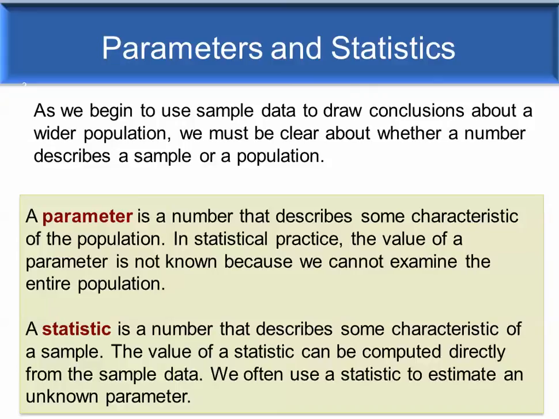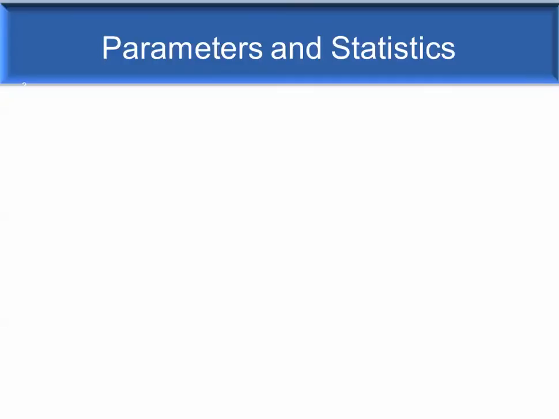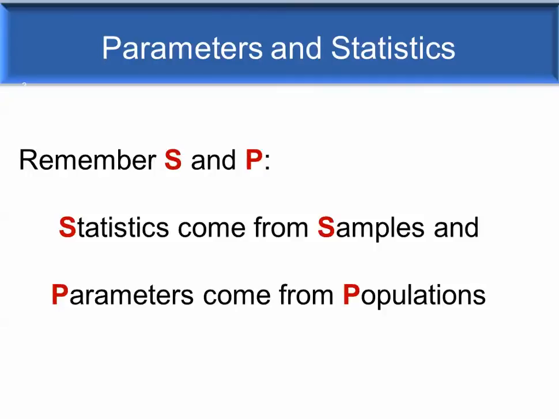So for example, the mean is a statistic because it's a number that's computed about a sample. We're then going to be able to use that sample mean to estimate or infer the mean of the population, which would be the parameter. So one way to remember the distinction between the two is statistics come from samples and parameters come from populations.